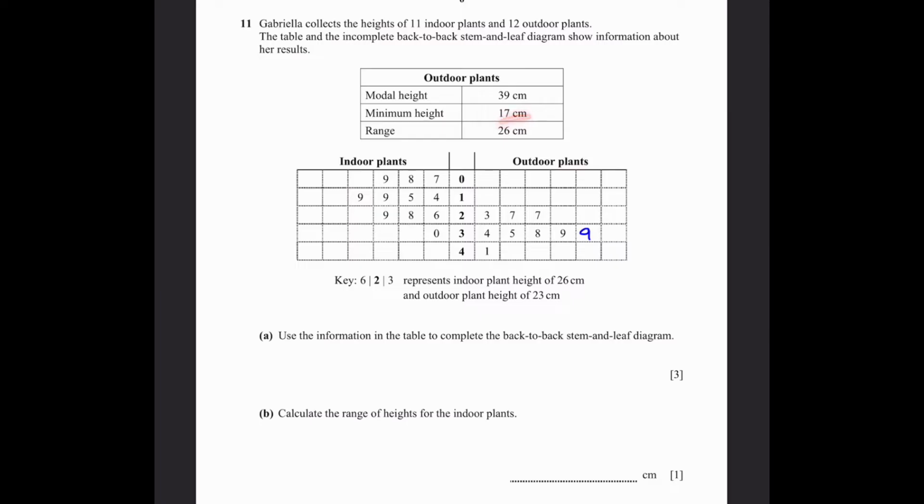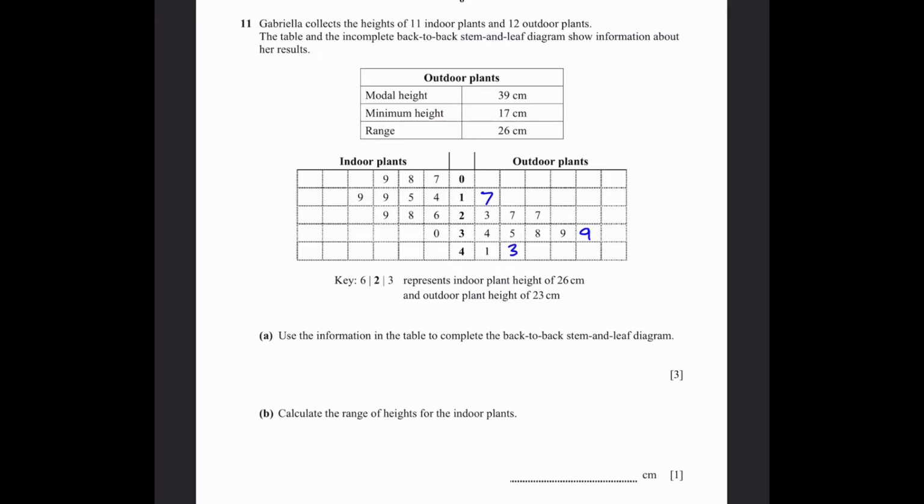Next, minimum height is 17, so of course we just add a 7 here. Now the range is 26. So the maximum minus the minimum, let's say maximum is x, minus the minimum 17 is the range 26. So x is equal to 17 plus 26, which is 43. So we have to add one more here for 43.